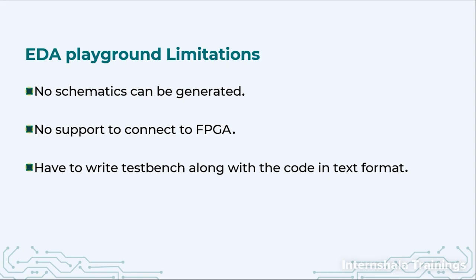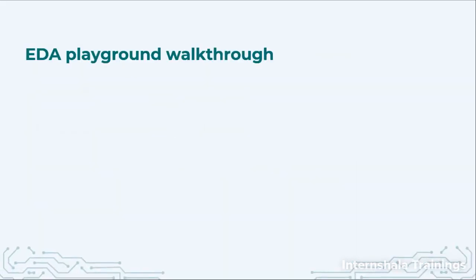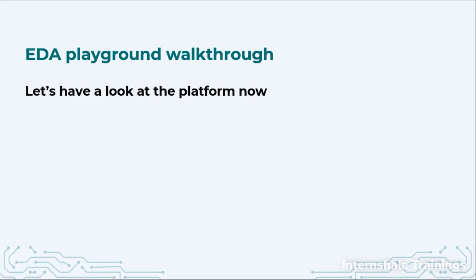You have to write the test benches, and without writing the test bench, you cannot even check the syntax of your Verilog code, and it requires internet. So if you are offline, then you cannot work. So we have some good advantages as far as coding practice is concerned, but it is not a complete replacement of Vivado. So now let us have a quick walkthrough and see what we get on EDA Playground.